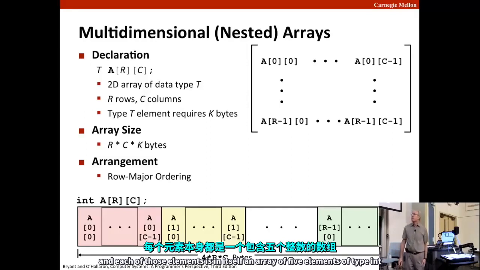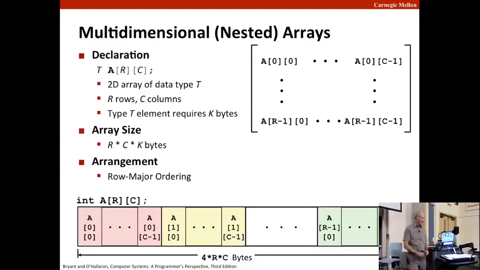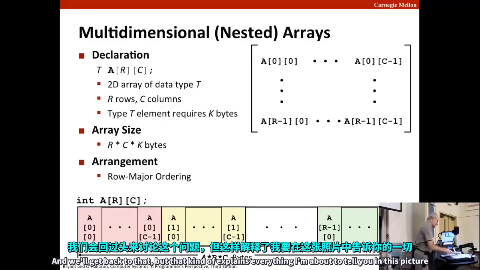And each of those elements is in itself an array of 5 elements of type int. And we'll get back to that, but that kind of explains everything I'm about to tell you in this picture.